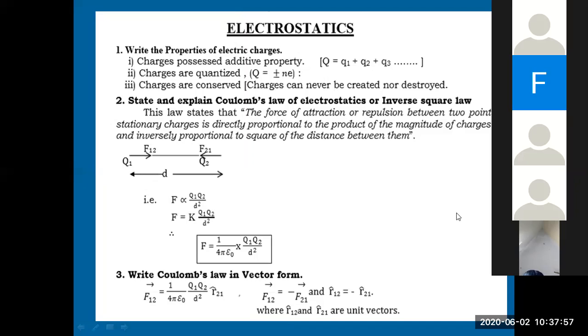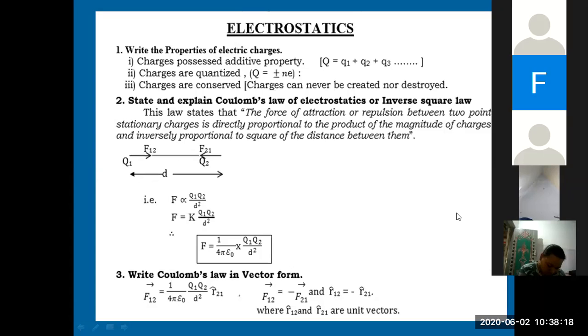So keep these two in mind. One is source charge, which produces your electric field. Test charge, which has small magnitude and its presence should not affect your electric field.